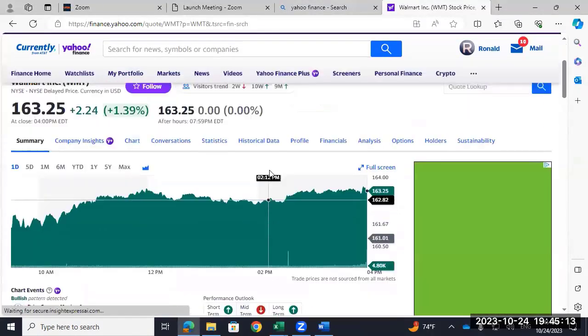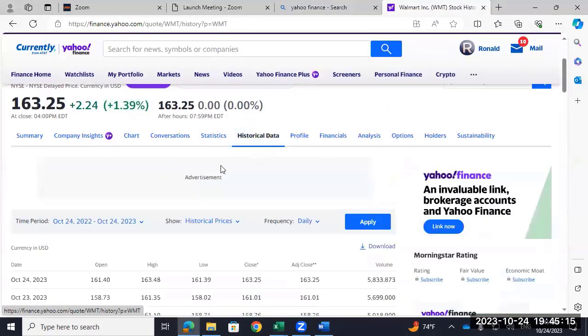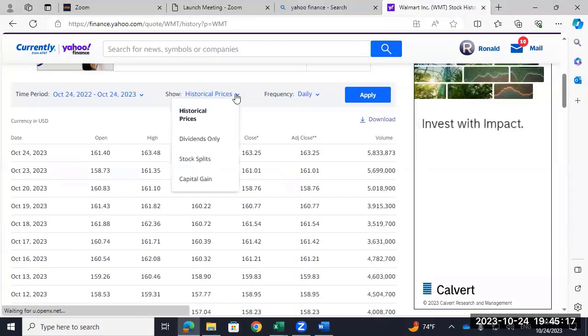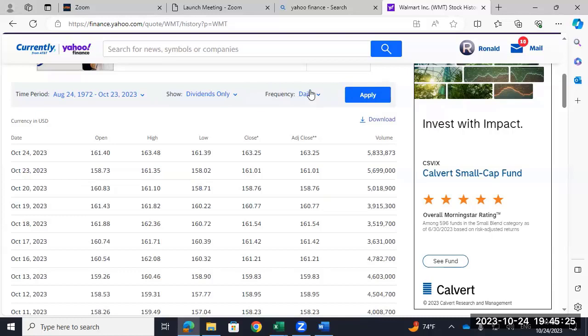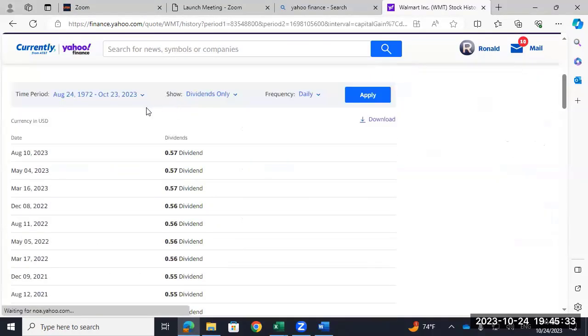So the base case you can do is just go to historical data and change it from historical prices to dividends only. I would do the max, hit apply. It doesn't matter if you do daily or not because they're only going to show when they pay dividends. So you can leave it on daily, go back to the max, then apply.